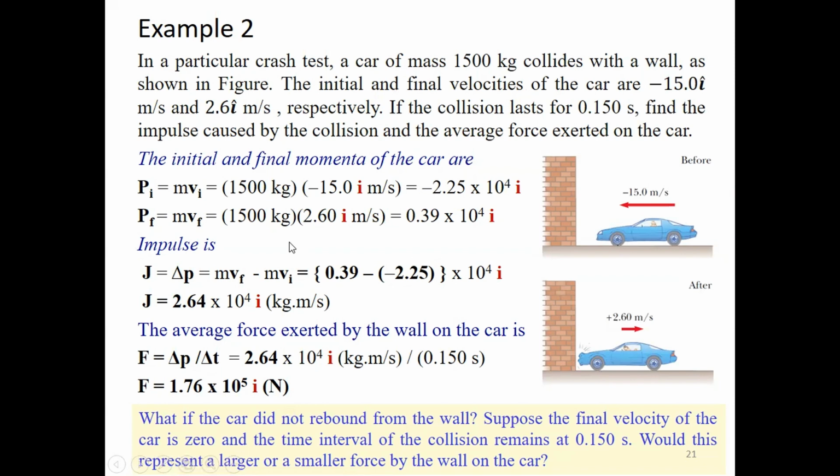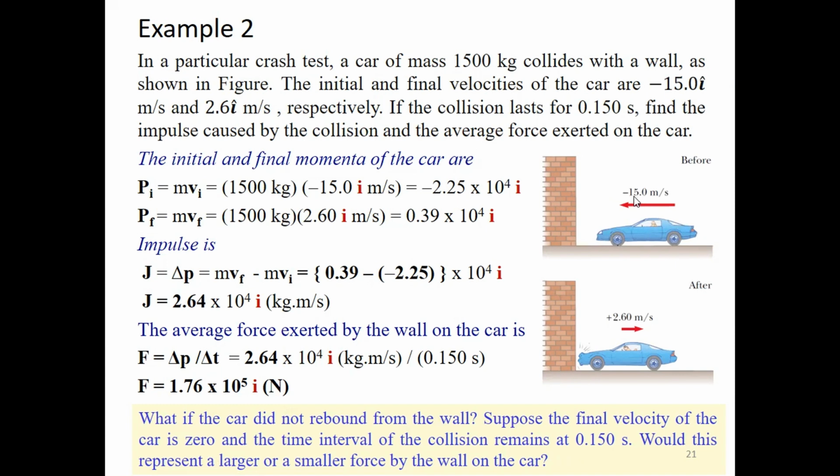Let us do one more example to amplify our ideas of linear momentum in a particular crash test. A car of mass 1,500 kg collides with a wall. As it is shown here, the car is coming and colliding.